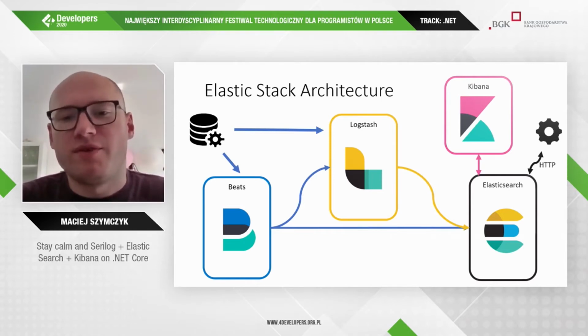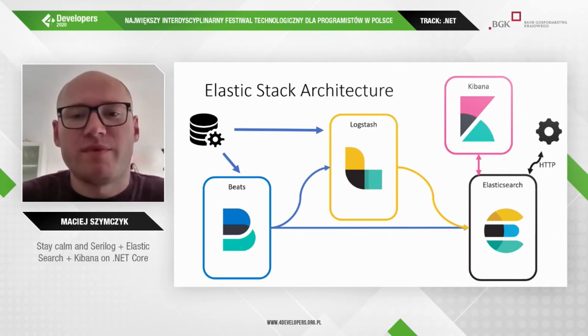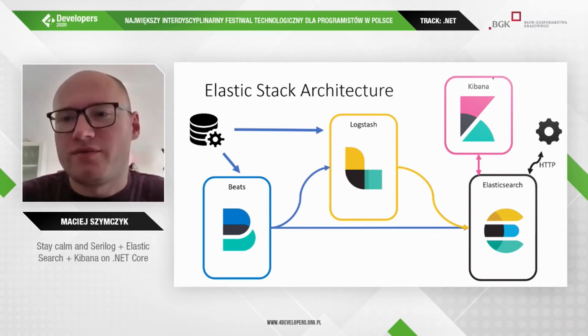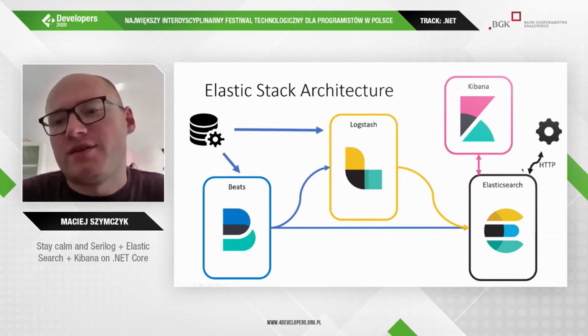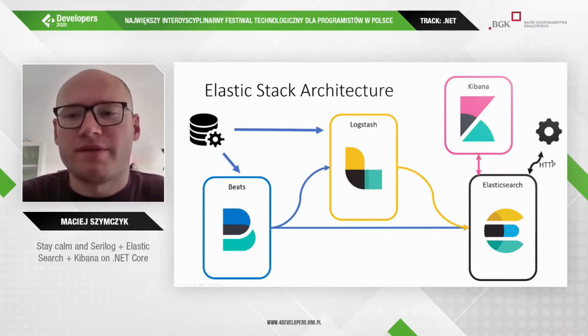Then Logstash can be used as a queue and to transform or drop some logs based on conditions. And then Logstash can put these logs into Elasticsearch. And also we can use HTTP. Because Elasticsearch is based on a REST API, we can use just HTTP to push logs and get logs into the system.